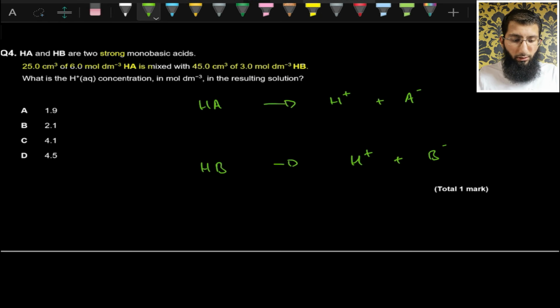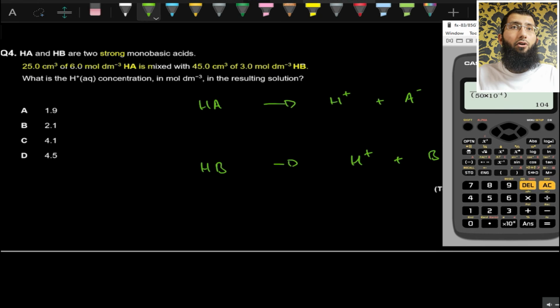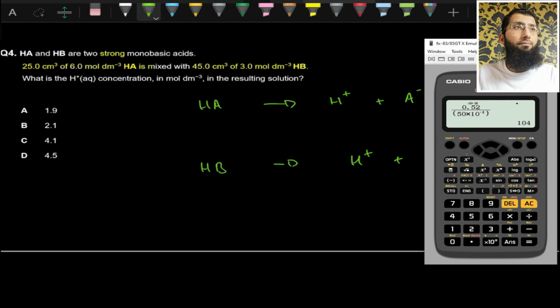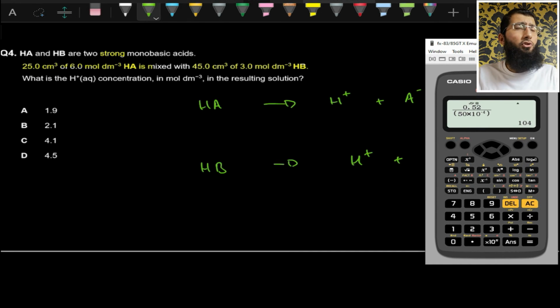So let's have a look. We know the volume and the concentration of HA and the volume and concentration of HB. What can we do with that information? Well, as ever, work out the moles. So if I do this to begin with for HA, I'm told that HA has a volume of 25 times 10 to the minus 3 to convert to decimeters cubed, multiplied by the concentration, which is 6.